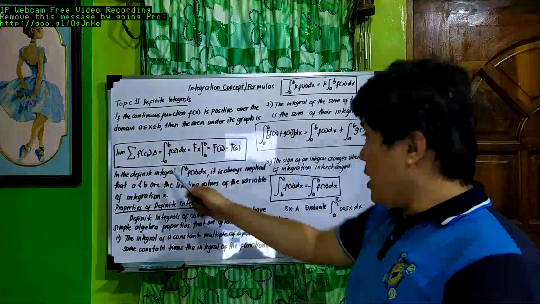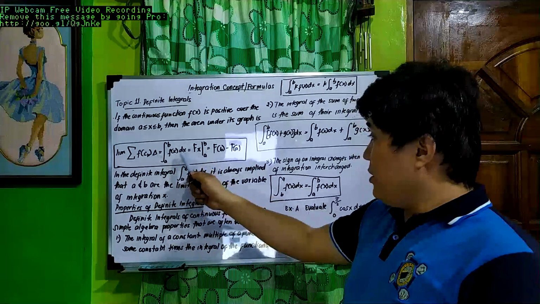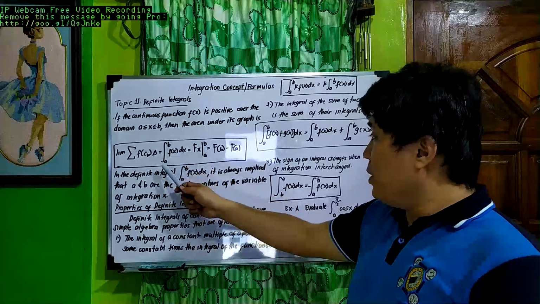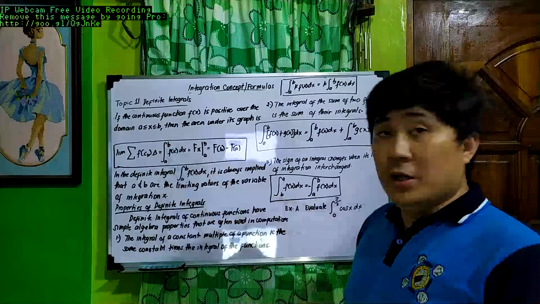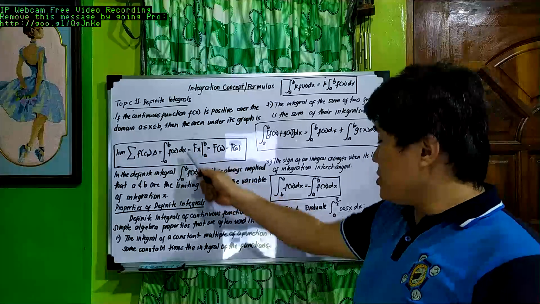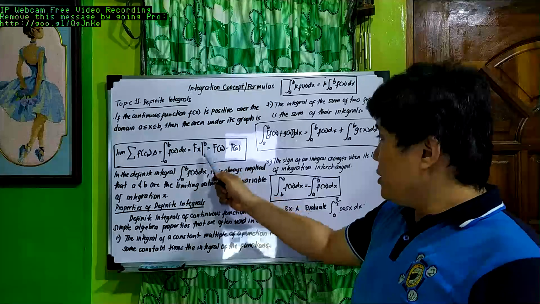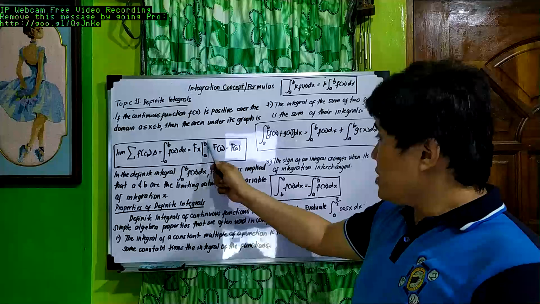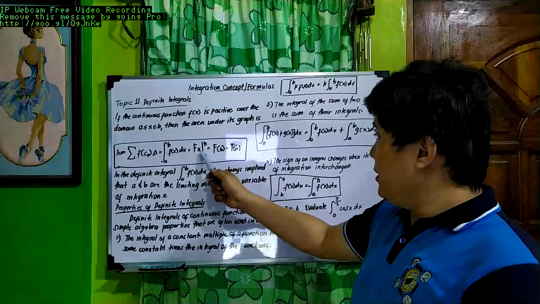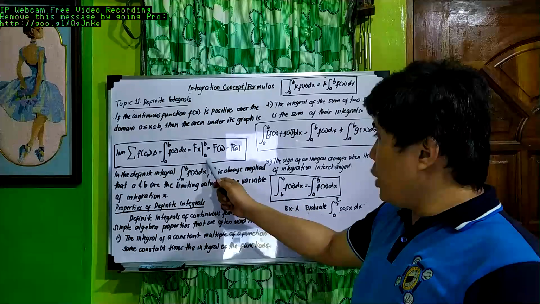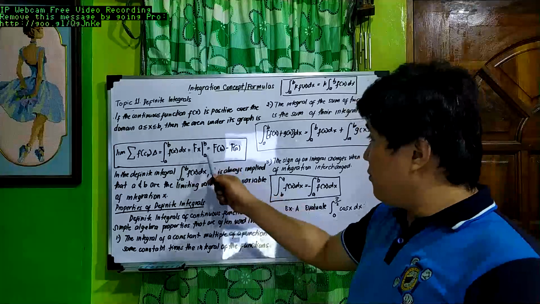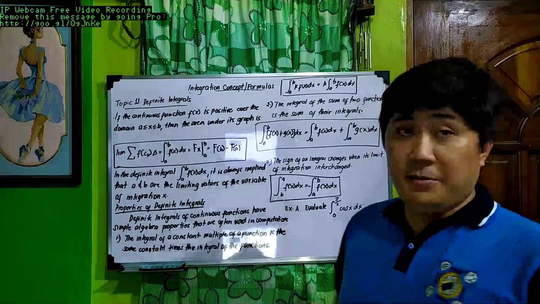From here, you integrate your f of x. After that, you substitute the limits, from the lower limit to the upper limit. After you integrate, you substitute first the upper limit, then deduct the value of the substituted lower limit.